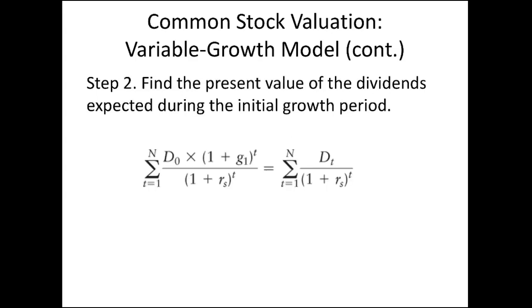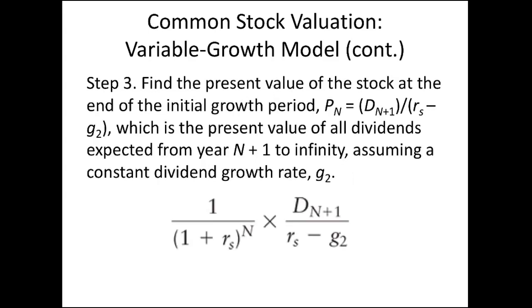The second step is to find the present value of those dividends during that initial non-constant growth period. The third step is to find the value of the stock at the end of this initial growth period, which is simply our constant growth rate formula.